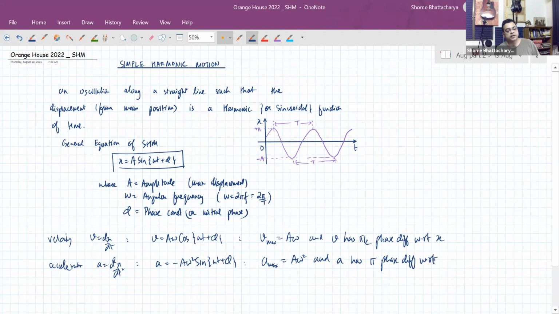with respect to x. So comparing this equation with the displacement equation, we also get the relation that d2x by dt square, or acceleration, is minus omega square x. This also becomes an important relation for us.